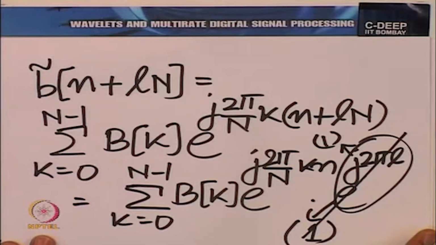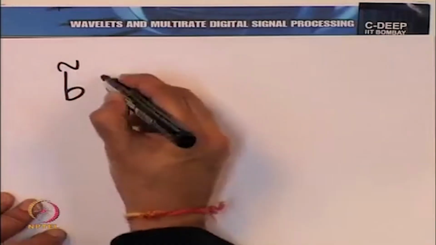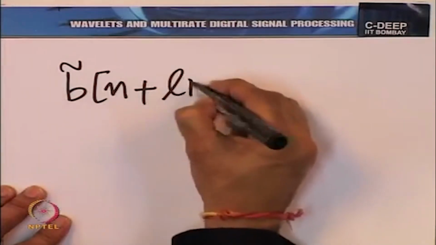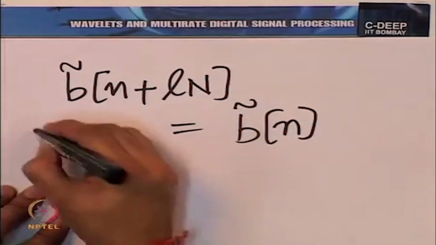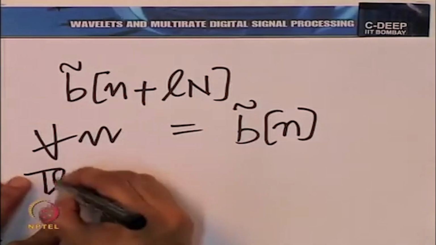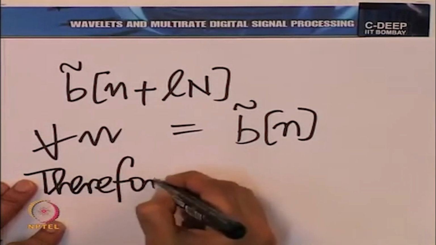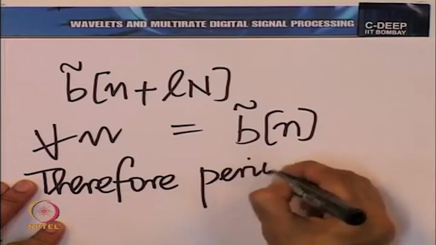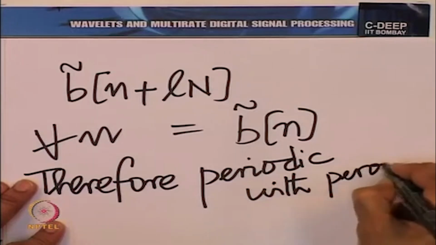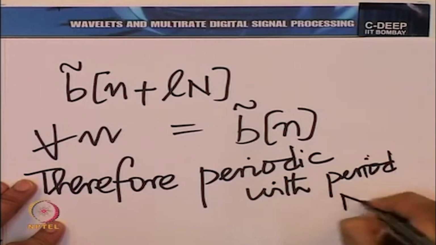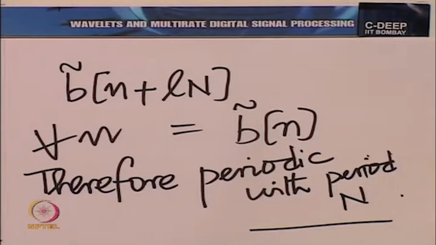Therefore, in effect, b tilde n plus L times capital N is b tilde n for all n, and therefore periodic with period capital N. So, here we have a mechanism for generating a periodic sequence by using a combination of exponentials.